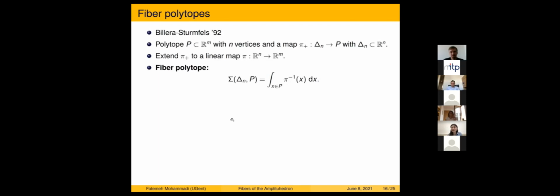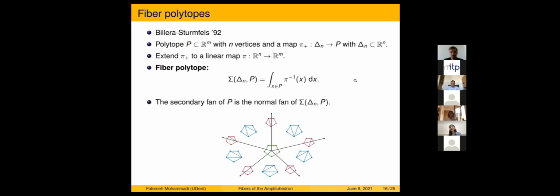What is nice is that in the case that you take delta n, this fiber polytope is actually the secondary polytope of your original polytope P. In a sense, if you take this fiber polytope and look at the normal fan of this polytope, you basically see the secondary fan, which encodes all these subdivisions of the polytope.